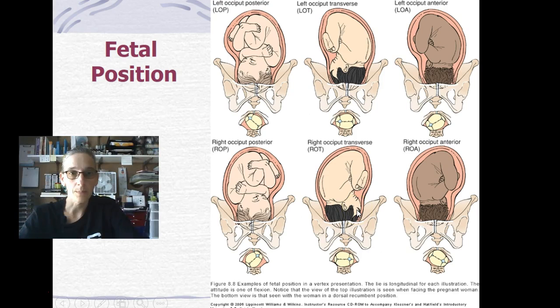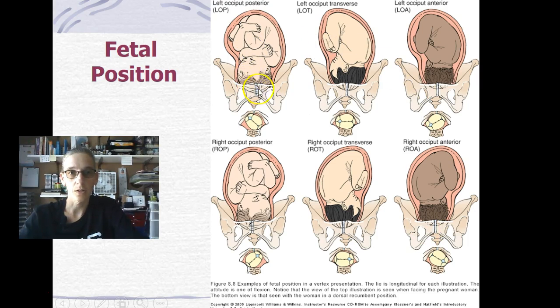So what we would prefer would be which positioning, since we've talked about this a little bit before. This is what we really want: right occiput anterior, ROA, or LOA, but we really want OA, occiput anterior, okay?